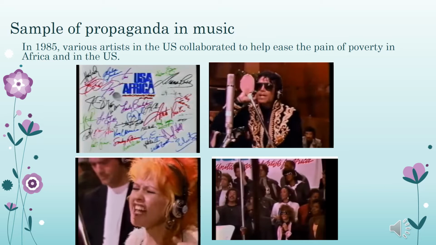And famous artists actually sang that song. They had this organization, USA for Africa, in which they raised money. So this is a kind of propaganda that is influencing other people to donate to help ease the poverty in some parts of our world.